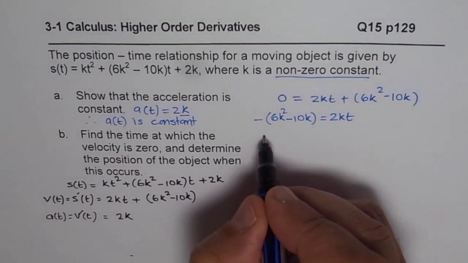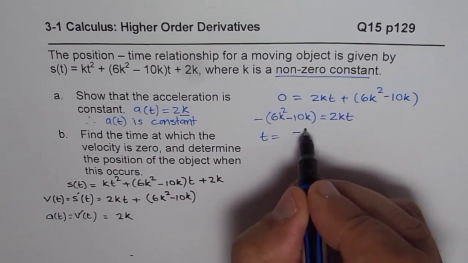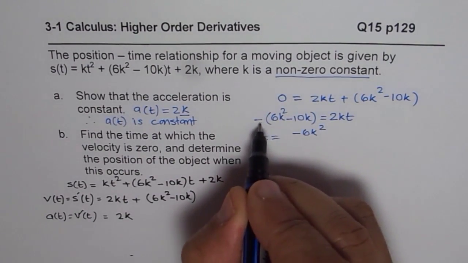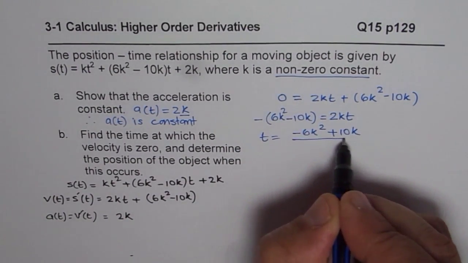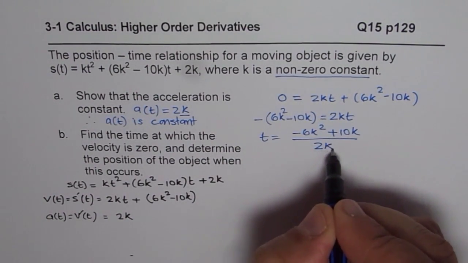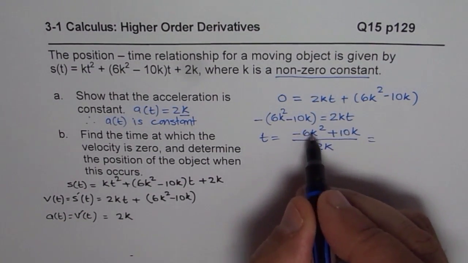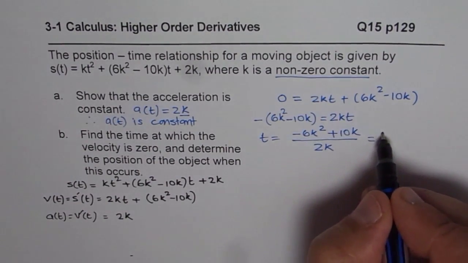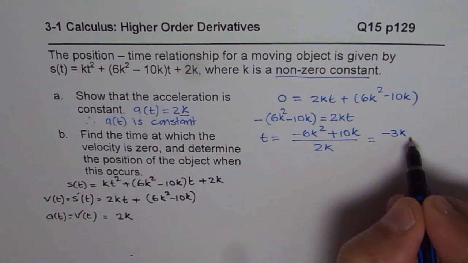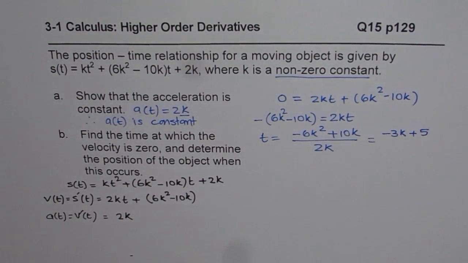So we get t equals, let me just rearrange everything, minus 6k square, and this minus minus becomes plus 10k, divided by 2k. 2 is a factor here, so divide each term by 2k. When you divide the first term by 2k, you get minus 3k, plus 10 divided by 2 is 5. So that is what you get for time t.